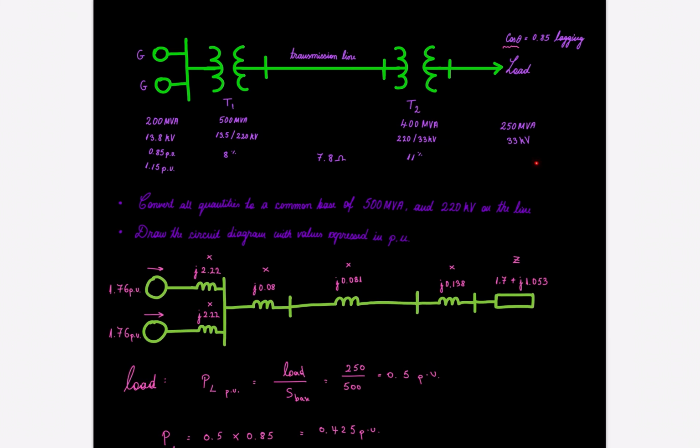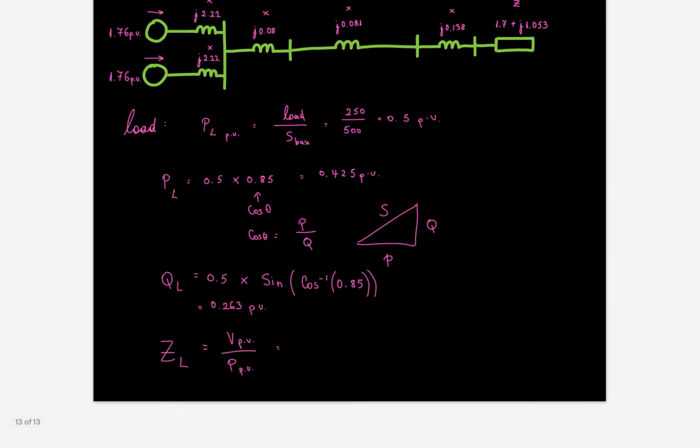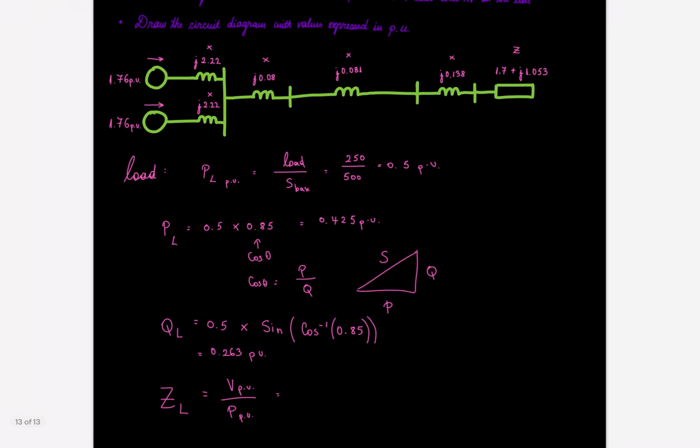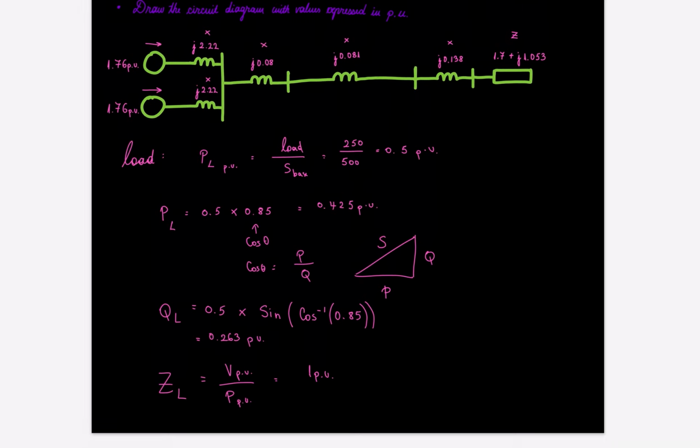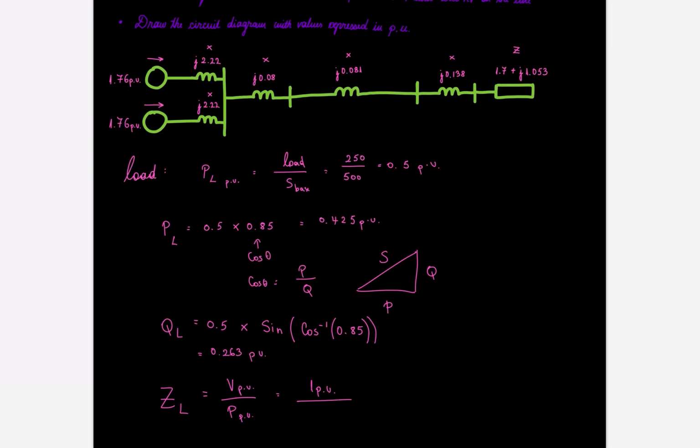So 33 over 33 gives 1. So we have 1 per unit for the voltage. And the real power, we calculated already, 0.5. So you're going to get 2 per unit as your value here.